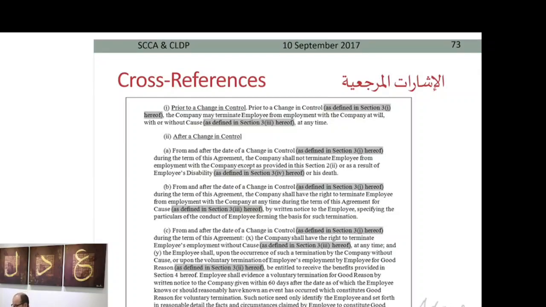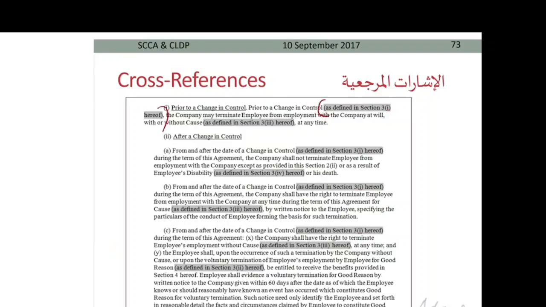Another factor that goes with that is cross-references. Drafters can think, okay, I'm using this defined term before I've defined it, so the reader is going to panic if they see the defined term. I have to tell them where it's defined. So what do they do? They put a cross-reference parenthetical, like this.